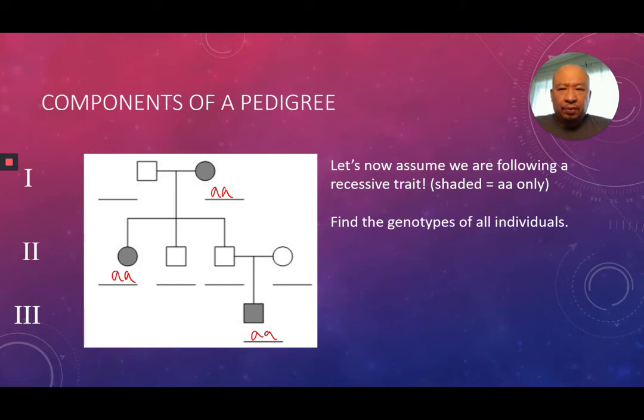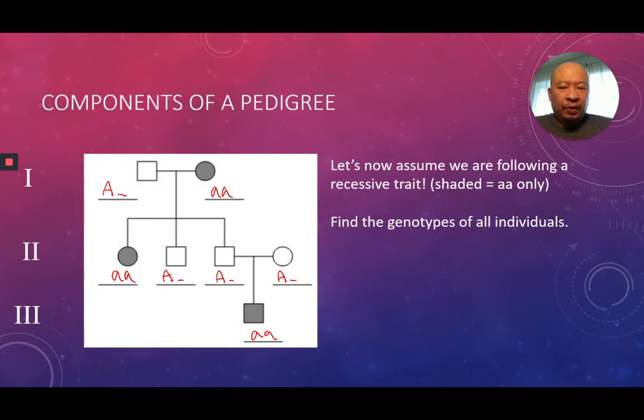Okay. If we have at least one dominant allele for each of the non-shaded individuals, okay, now we just go back and we try to figure out if it's possible to see what that second gene might be for each of those individuals.